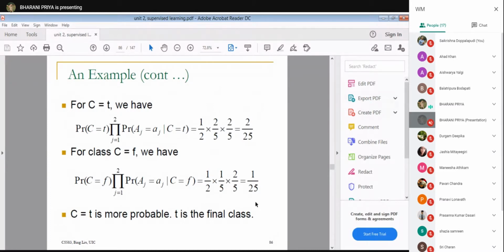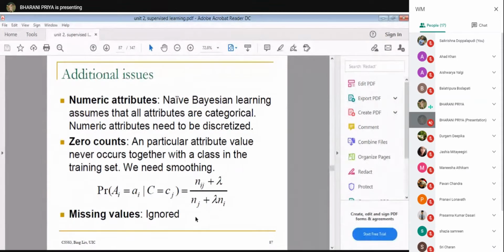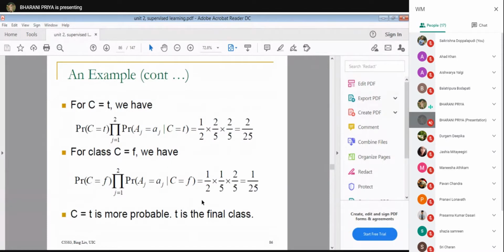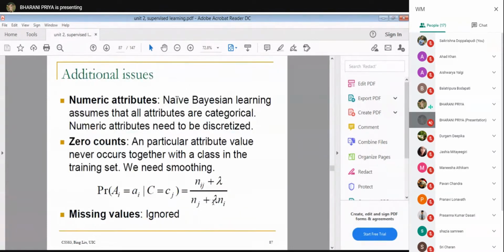To avoid such problems, we use a technique called smoothing, wherein instead of simply using this formula, we use another formula called Nij plus lambda by Nj plus lambda Mi. According to the textbook, it's not lambda Ni, it is lambda Mi. Remember that.